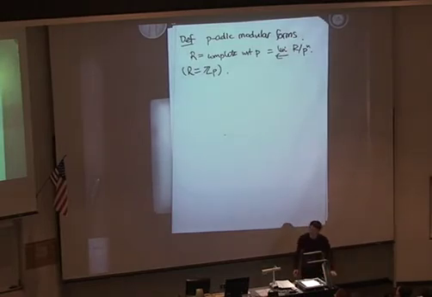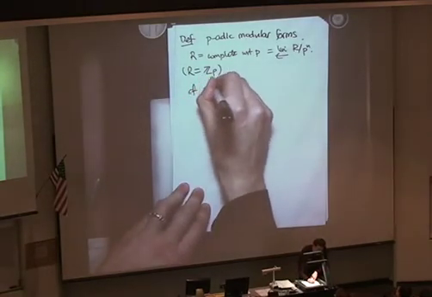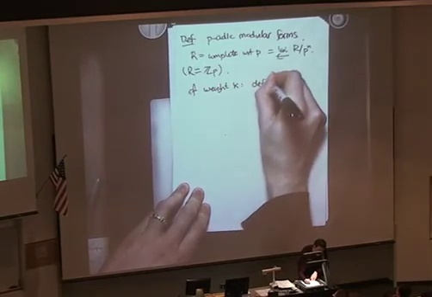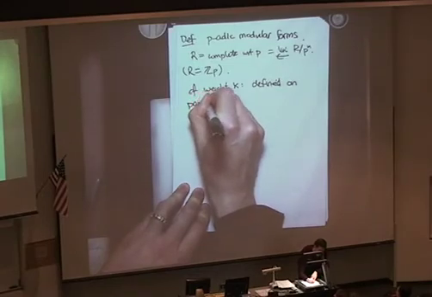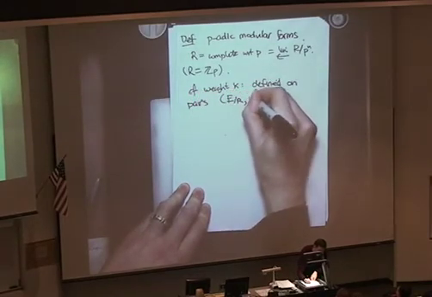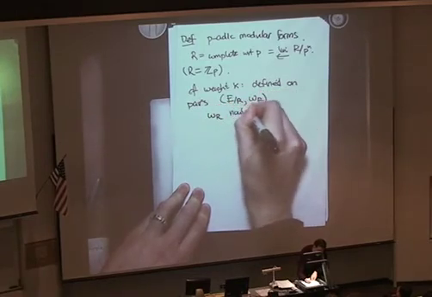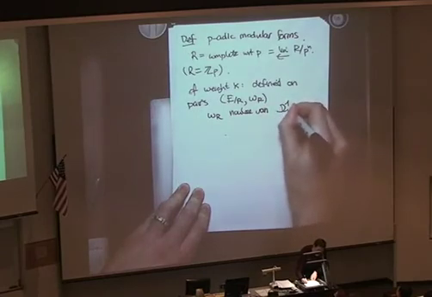So how is it going to differ from a modular form? It's going to be of weight k, so it will be defined on pairs, just like for modular forms, of E over R and omega over R, again a nowhere vanishing element of the differentials.